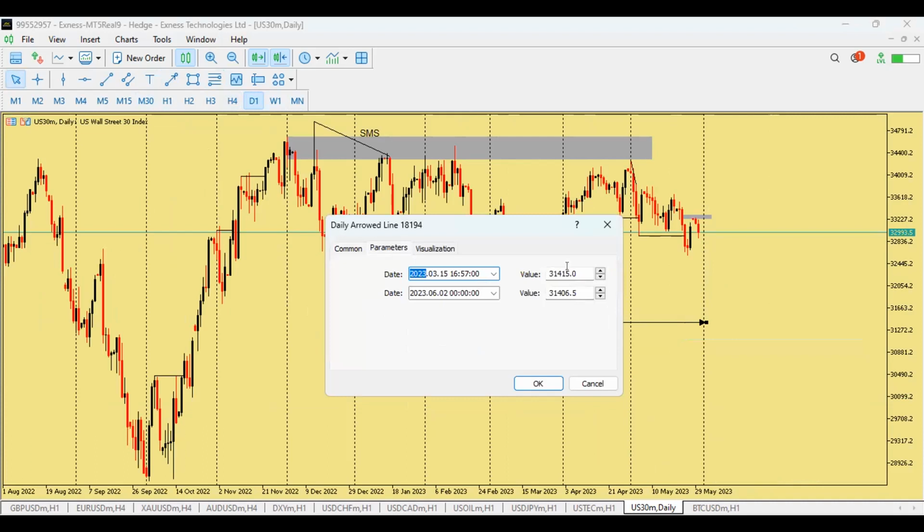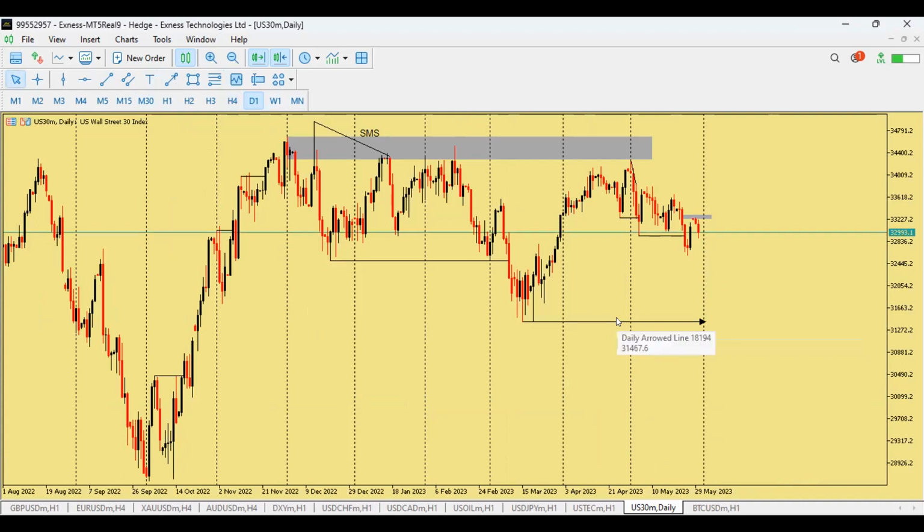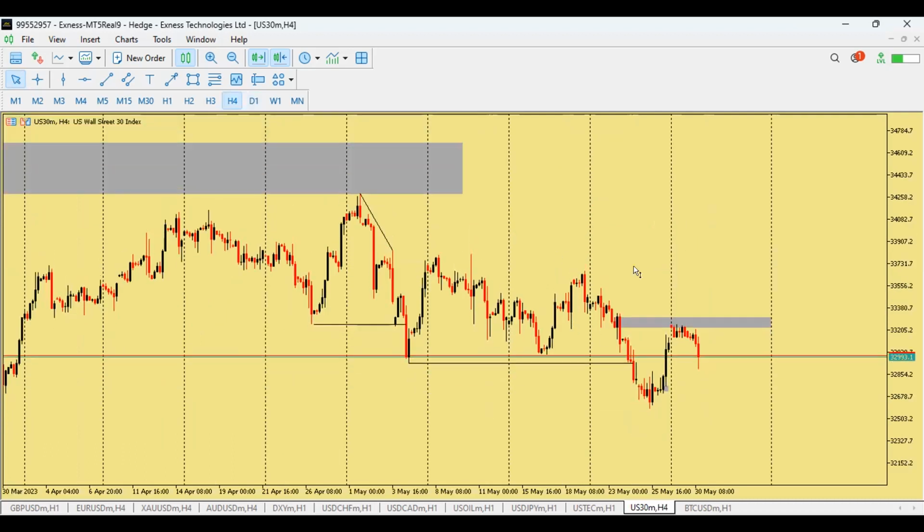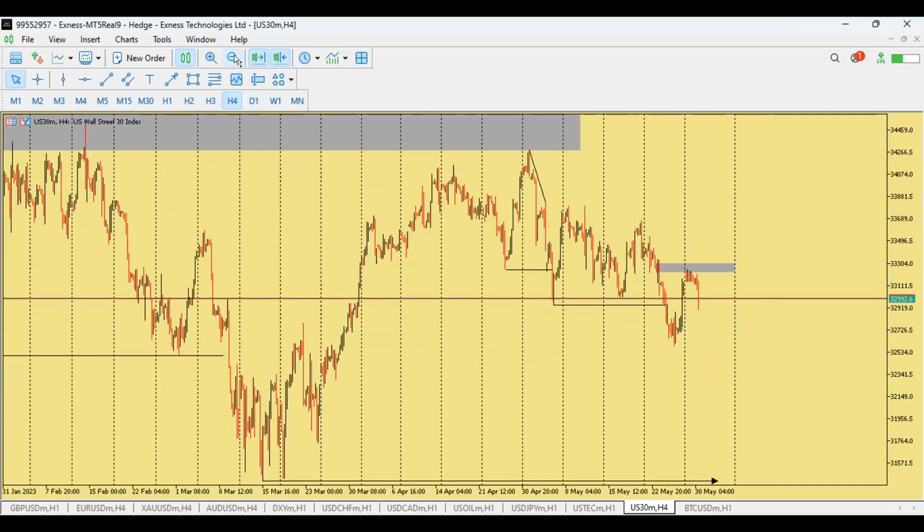There's a lot of liquidity, relative equal lows, and it's likely to reach there. Honestly, if you go to H4 and have a look, it's not so long, you see?